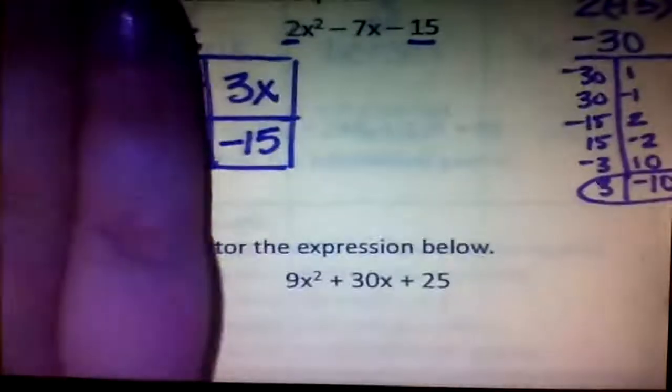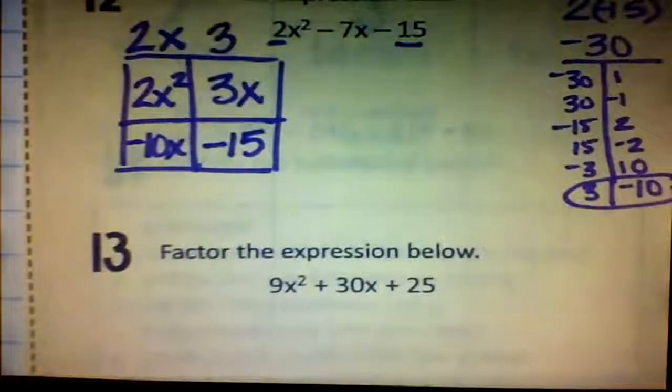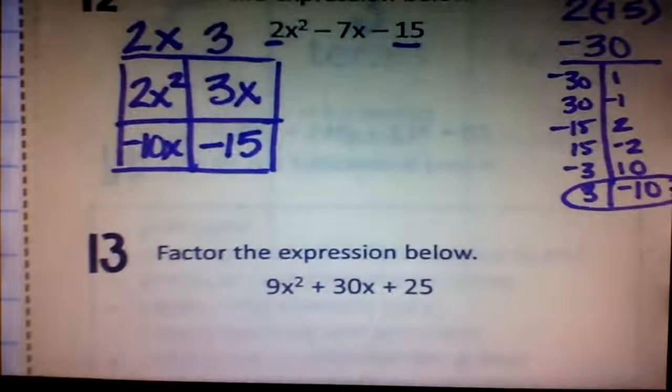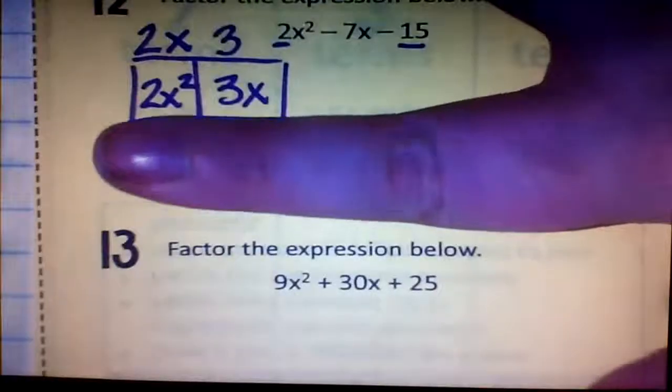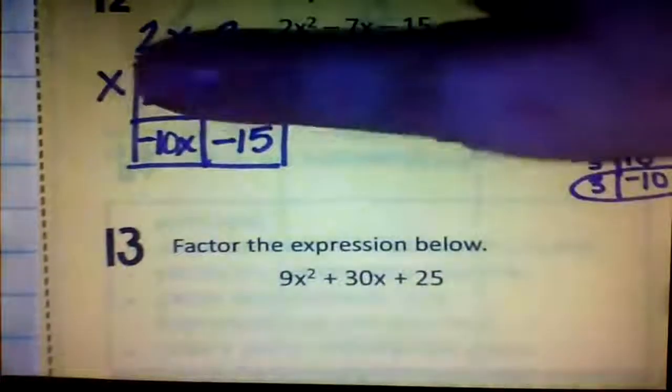Okay, then you're going to move on to these 2. What does 3x and negative 15 share in common? 3. They don't share an x. 15 doesn't have an x. Okay, we're going to do these 2. What do these 2 share in common? Just an x. And what do these 2 share in common?